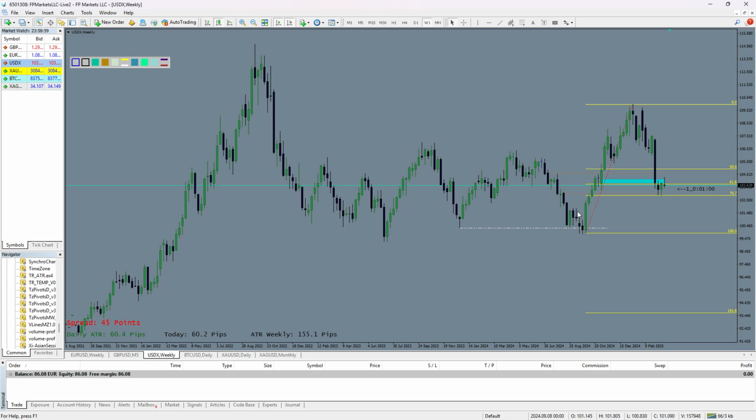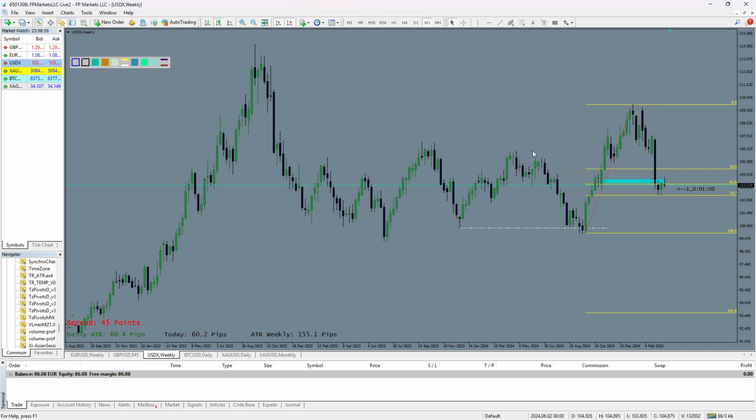But what kind of drop? This drop looks to me like a very clear run on liquidity. It absorbed all the liquidity, all the sell stops under this low, and then we had a big rally.